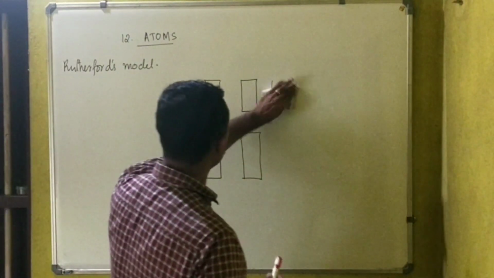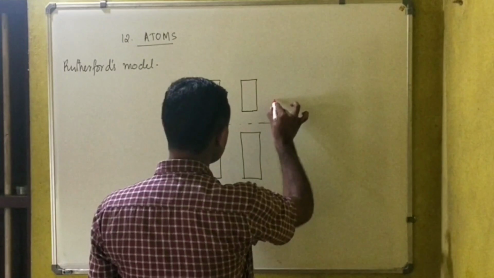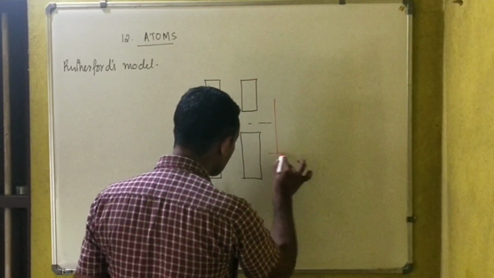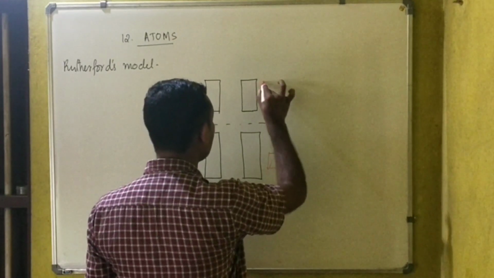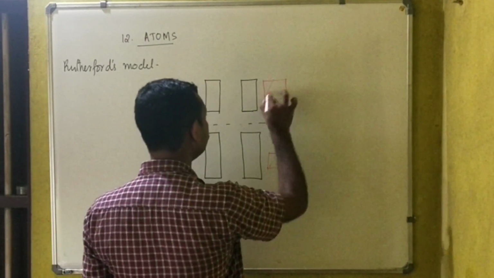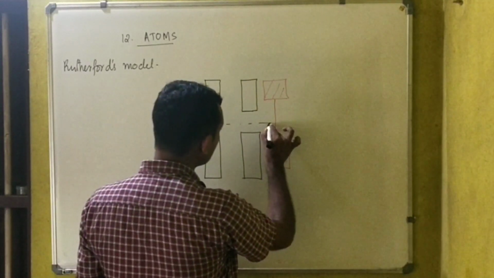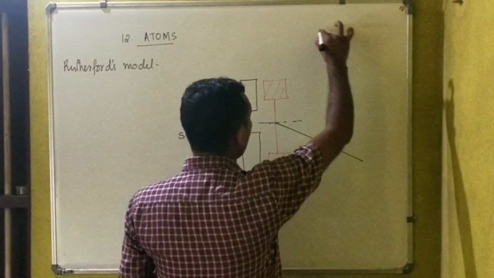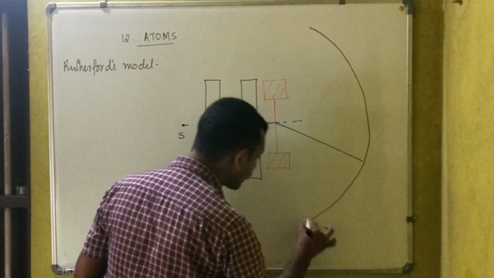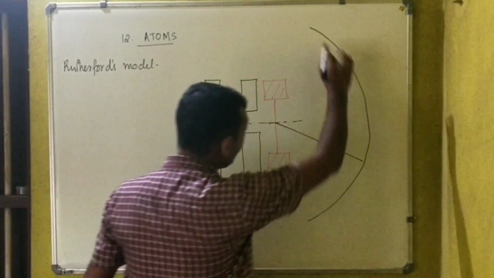Let us use a different color for drawing the thin gold foil. This is the gold foil, which is placed by means of a supporting stand. Then the incident alpha particles will scatter, and they are detected by a circular detector, a circular screen.